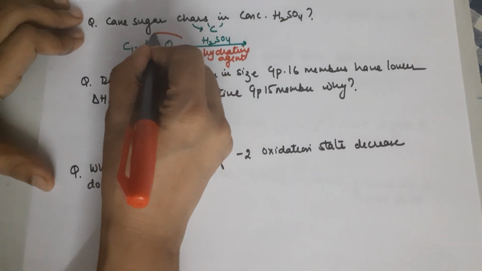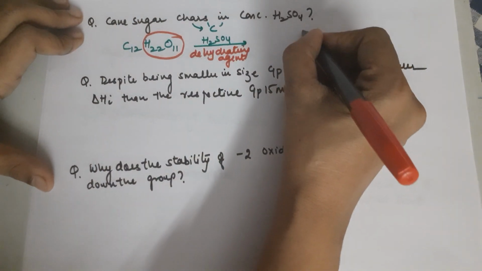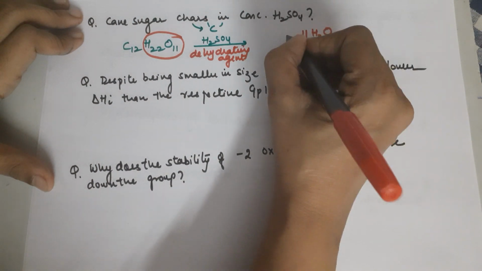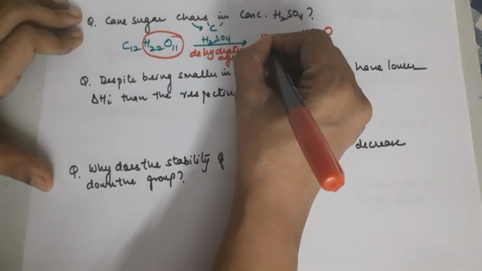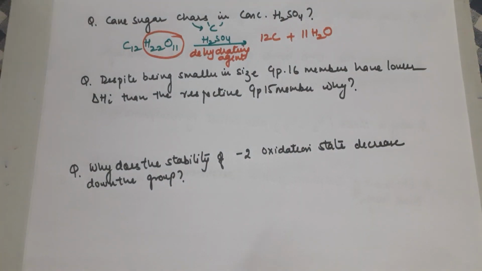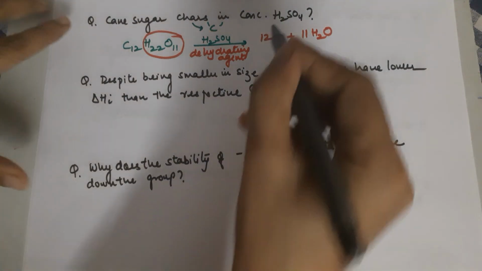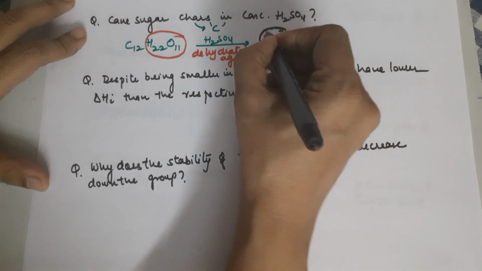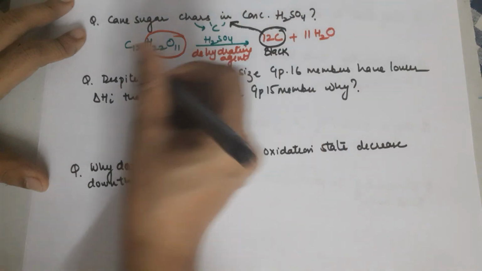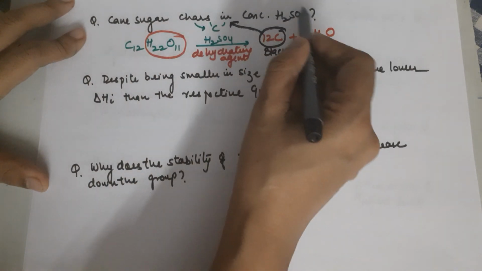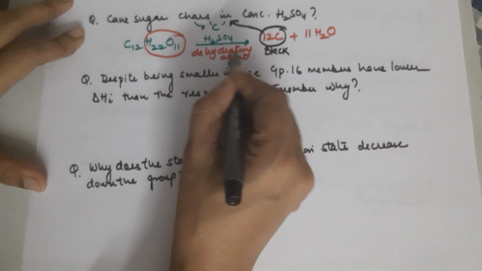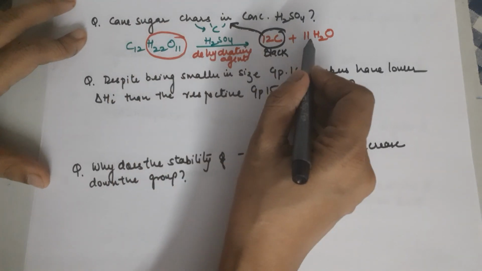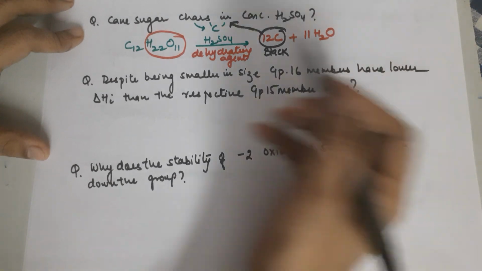So, it removes 11 water molecules. So, what are you left with? You are left with 12 moles of carbon, and carbon you very well know is black in color. So, we say the cane sugar is charred due to concentrated sulfuric acid acting as a dehydrating agent, which takes away the water from this, and you are left with carbon.